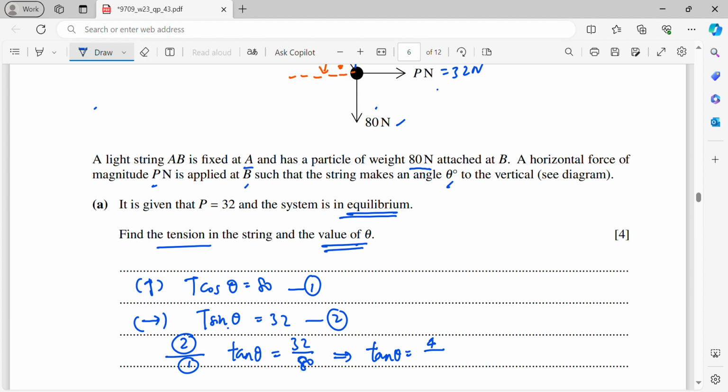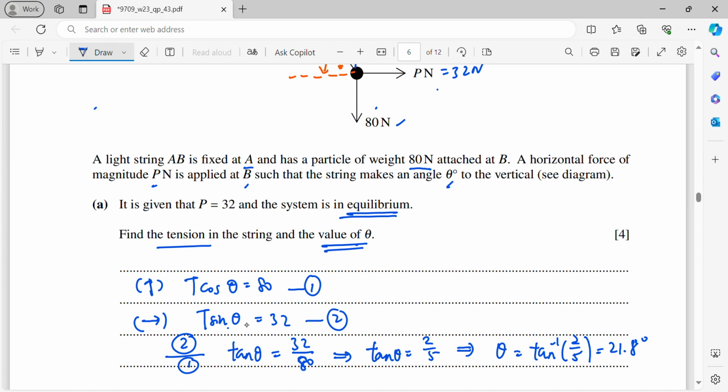Sorry, let me count, it is 2 over 5. Then your theta is inverse tangent 2 over 5, which is 21.8 degrees. So that is your theta value.